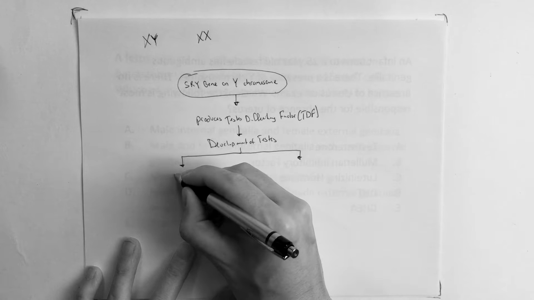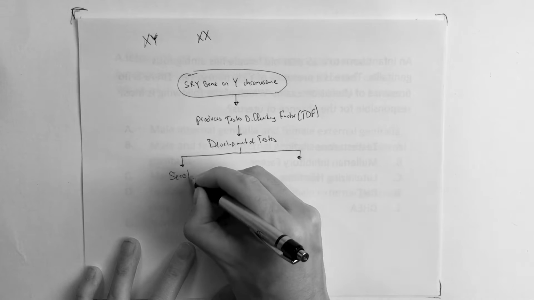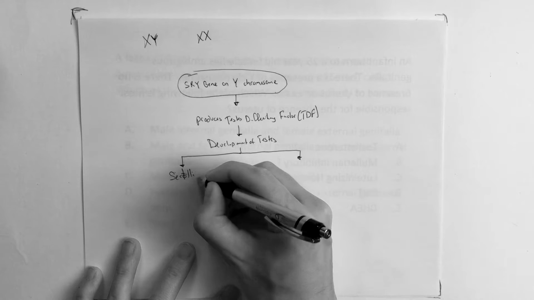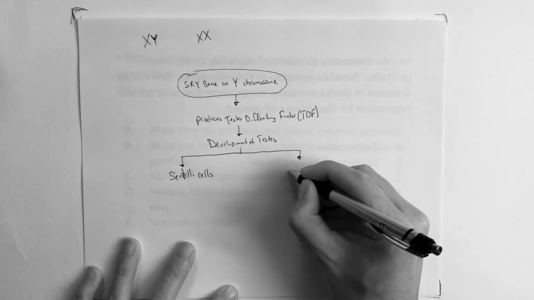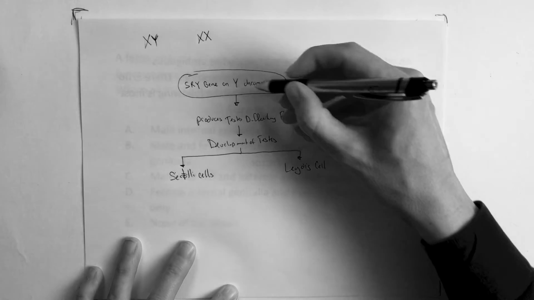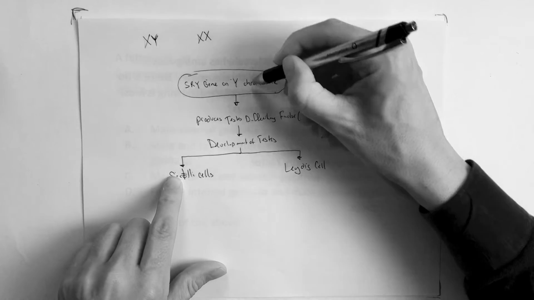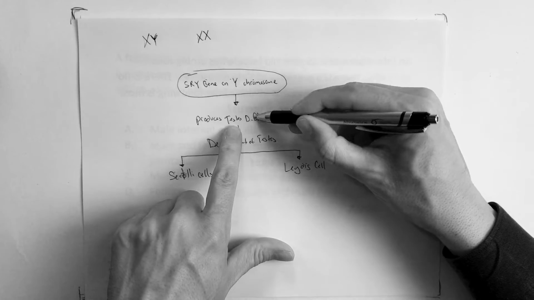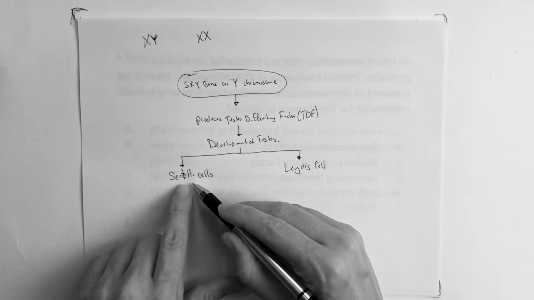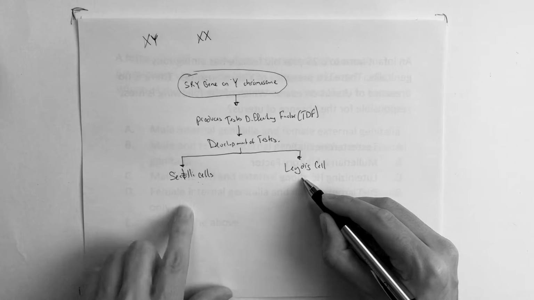From there, you're going to make the Sertoli cells and the Leydig cells. So again, SRY gene on the Y chromosome makes the testes differentiating factor, which drives development of the testes. From there, they'll produce the Sertoli cells or the Leydig cells.